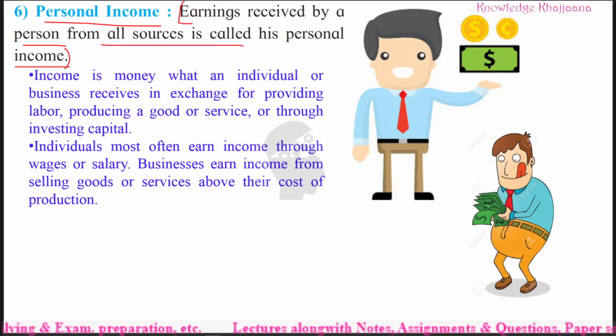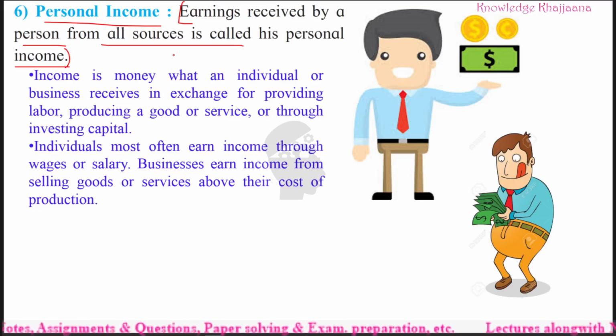For example, somebody is working in a bank as an employee. At the same time, he has given his home on rent to a tenant, so he is getting rent also from the tenant. That is also his earning, and his salary from the bank is also his earning. He has a shop too, and has kept workers to work in the shop.